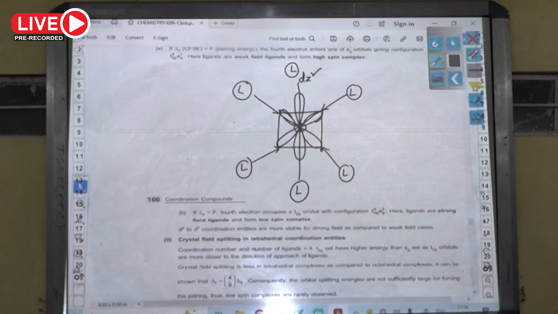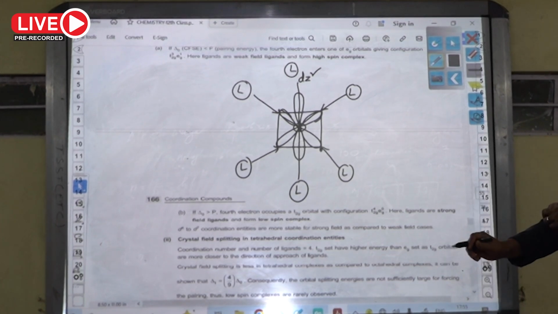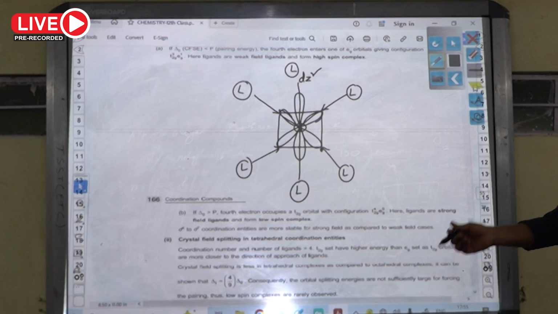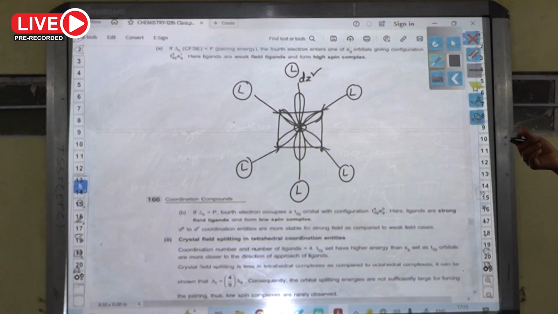The octahedron is approached by how many L? 6. Whenever the coordination number is 6, L means ligand. 6 ligands means coordination number 6. Then the shape of the molecule is octahedral.